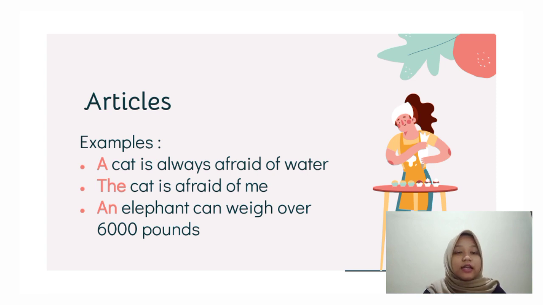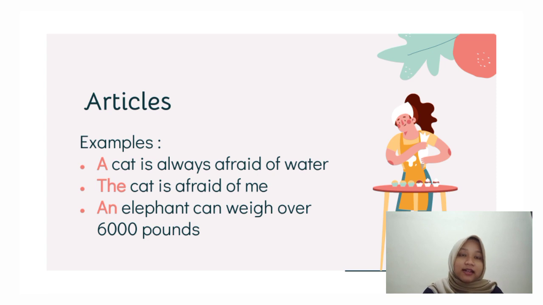Here we have three examples. The first one is, a cat is always afraid of water. And the article here, of course, is the first word in the sentence, a. The second one is, the cat is afraid of me.